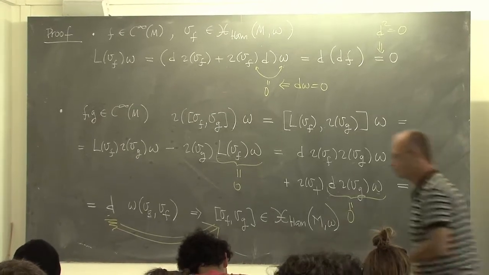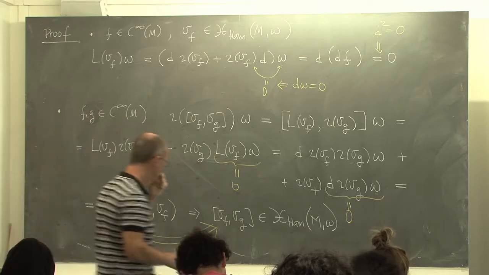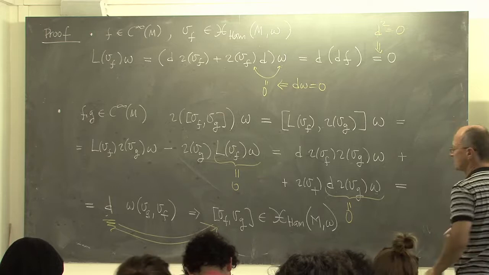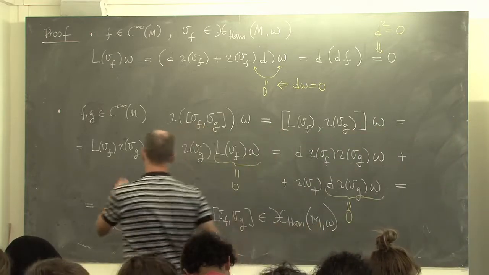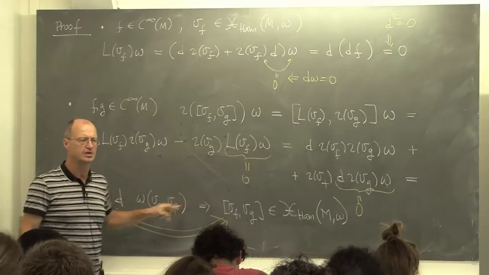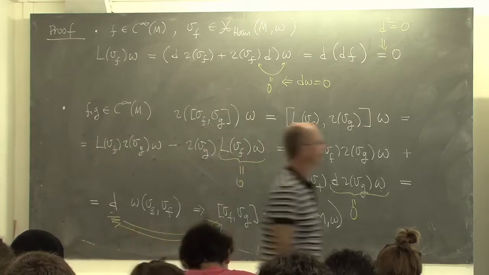Well, now let's try to prove the rest of it. So the next claim that I want to prove is the following. Remember, there were several expressions for the Poisson bracket. So let me first show that all these expressions are equal to each other.